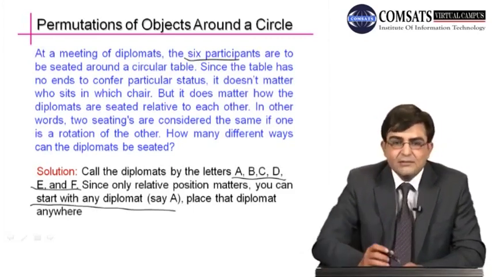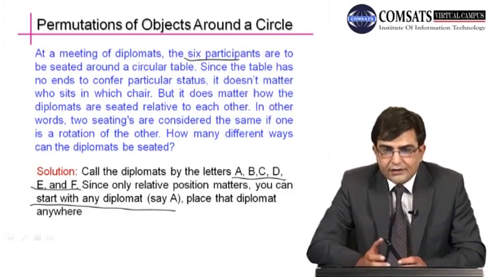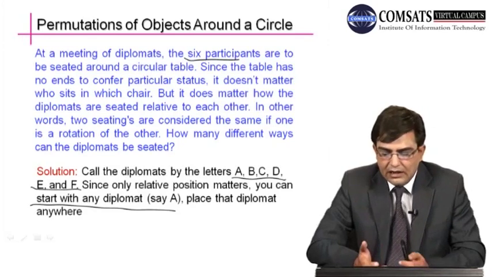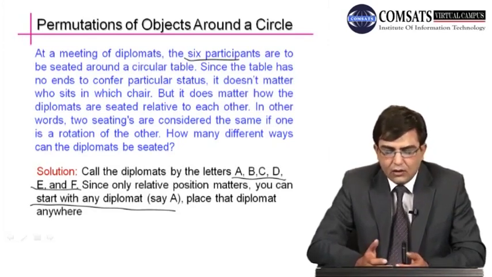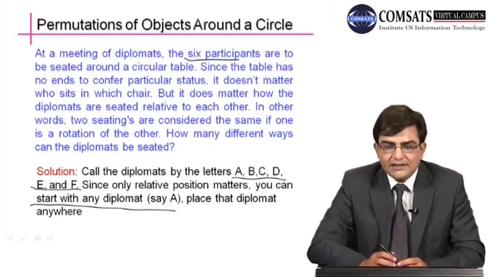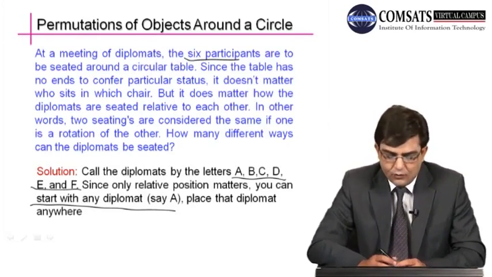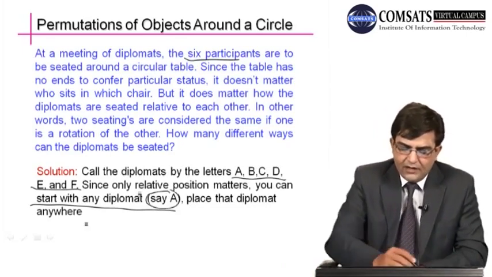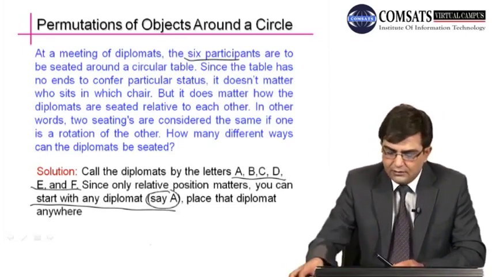So we can fix any starting diplomat, either A, B, C, D, E or F. Here we suppose that diplomat A is the starting point, and then we place A anywhere in the circle.